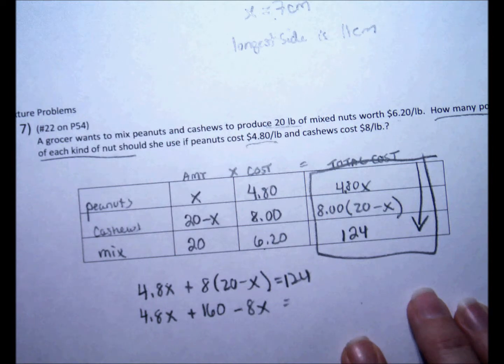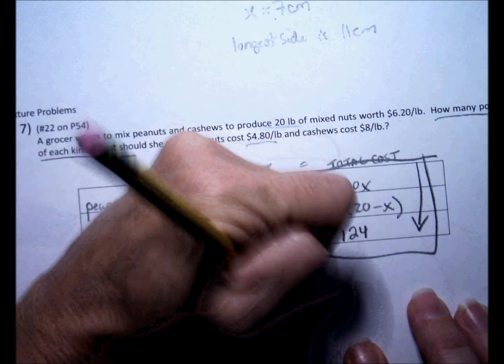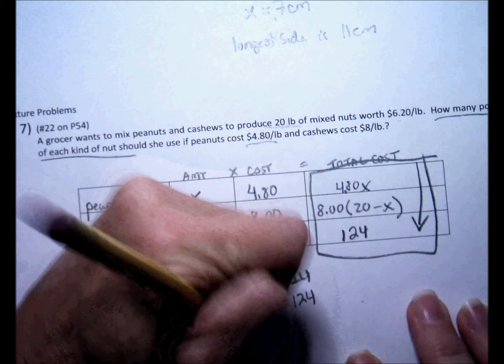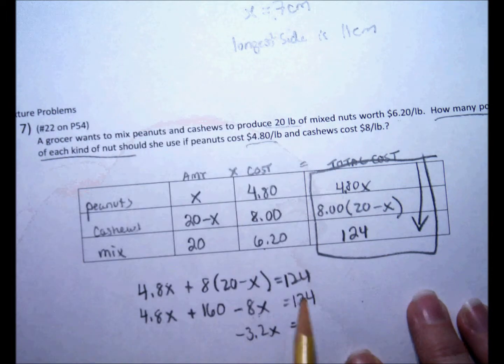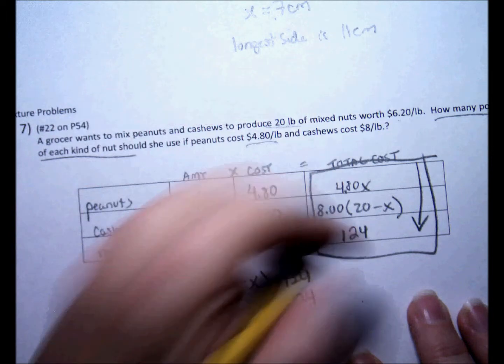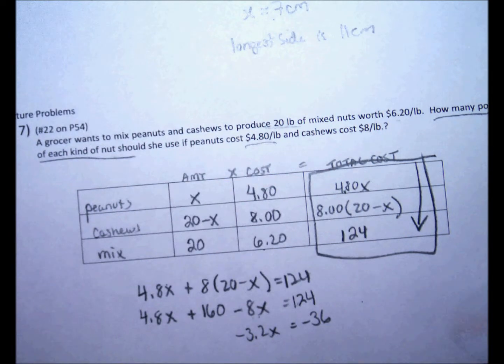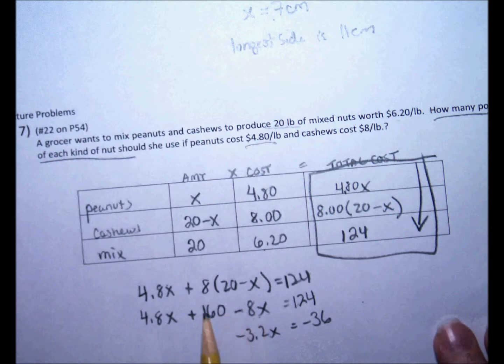Now that's 4.8x plus 160 minus 8x, because I'm distributing my 8, equals, I said 24. It's 124. My mistake. I apologize. Yeah, and you should have known that 20 times 6, 20 couldn't possibly be 24. If you'd caught that in class, you would have gotten a piece of candy.